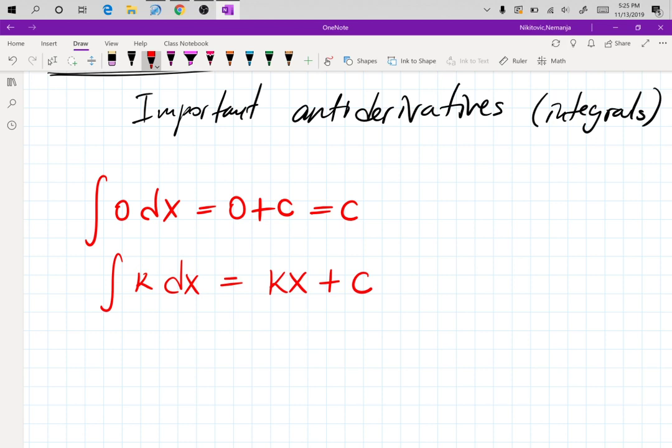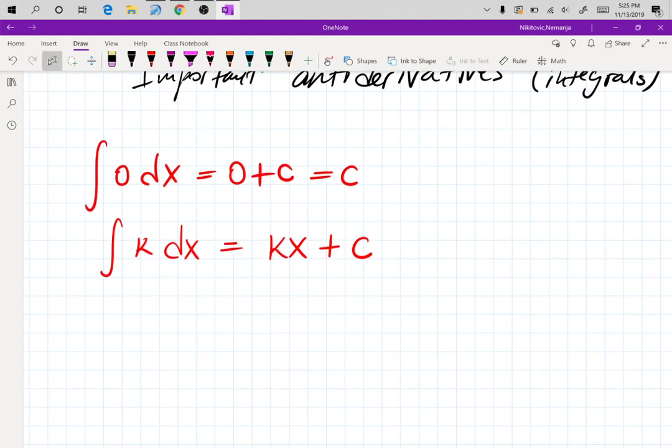So let's say the integral of 7 is 7x, because the derivative of 7x is 7, to go back, right? If you differentiate this, the derivative of x is just 1, so you just get k, which is what we had there. Now here is the formula that is different from what you're used to. Integral of x to the n dx.